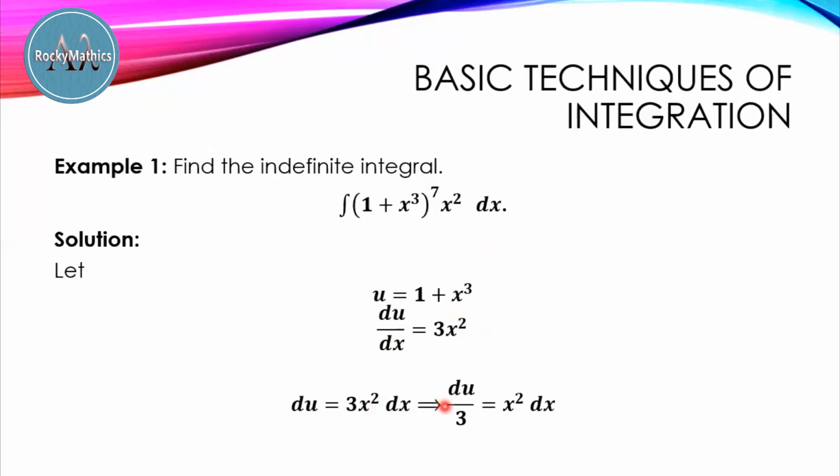Since 3 is a constant, we can divide both sides by 3, so this becomes du over 3, which is equal to x squared dx. The original problem is this one, and we have written du over 3 equal to x squared dx.